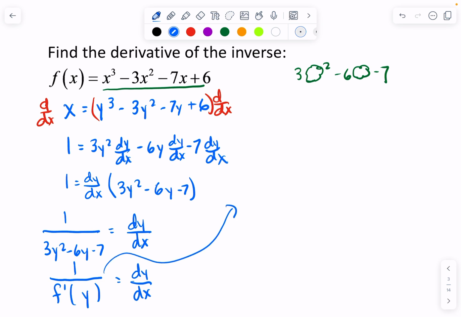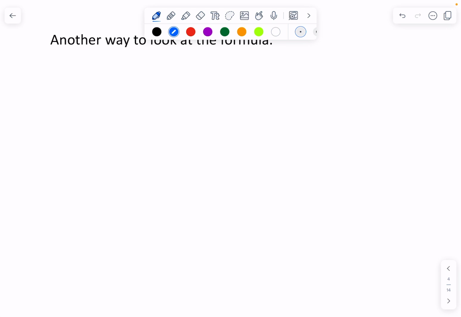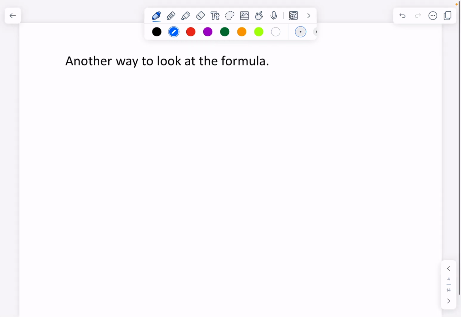Said another way, 1 over f prime of f inverse of x. Okay, I think that's a really complicated formula. I'm not going to lie, I struggled with this one for years. So there's another way to look at the formula.